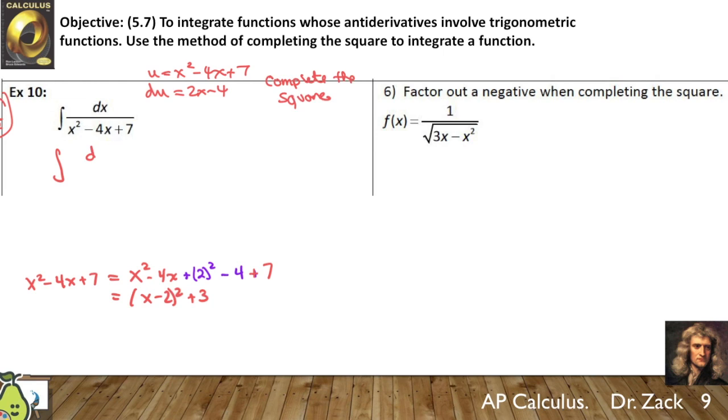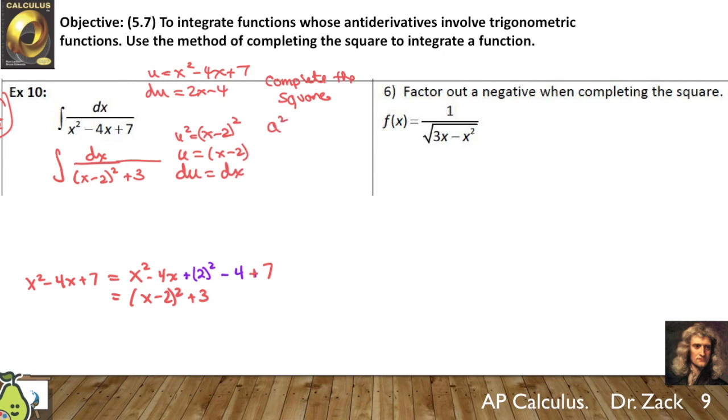So go back to the original problem. We rewrite it using algebra because algebra is the best. We have our quantity x minus 2 squared plus 3, and we're going to let u squared equal x minus 2 quantity squared. U is your x minus 2. Du is your dx.